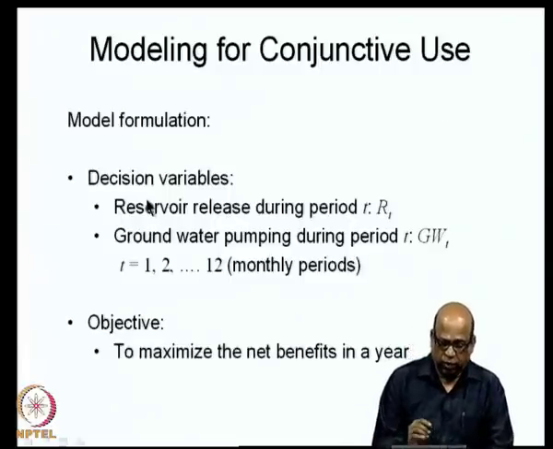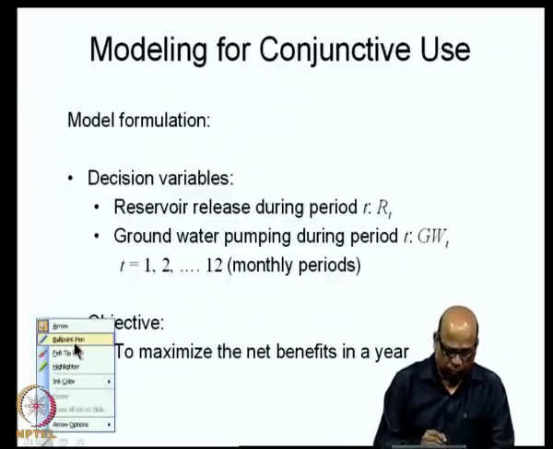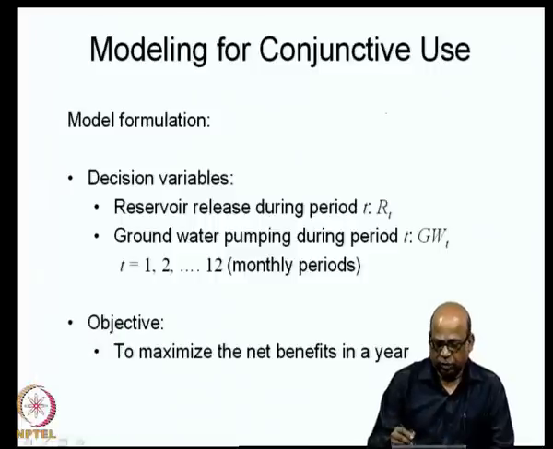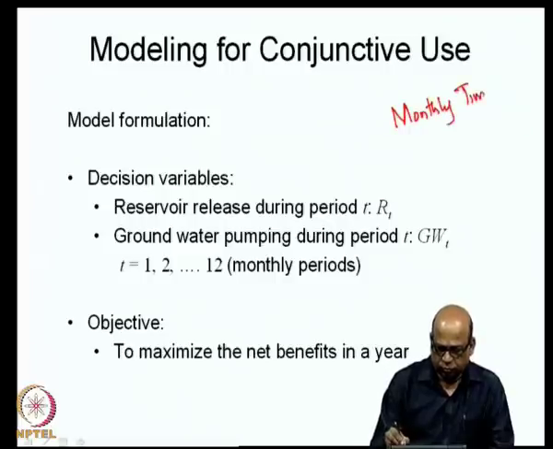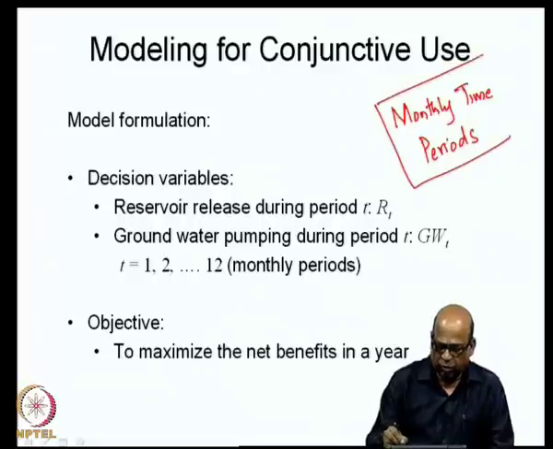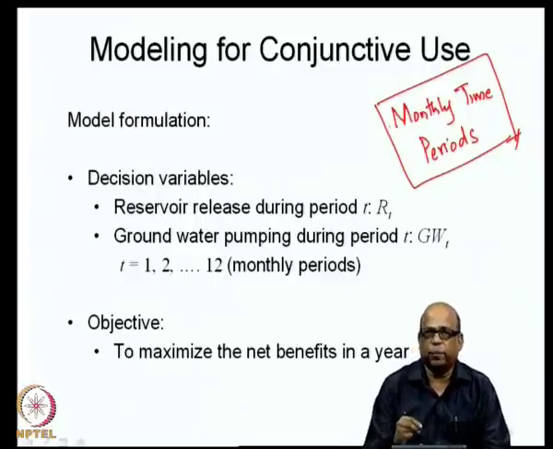So, the decision variables that I am talking about are the reservoir release during each of the time periods. Now, I am formulating this particular example for monthly time periods. So, we will do the operation for monthly time periods. Remember, this is a planning model where you will plan how much to use from surface water and how much to use from groundwater.